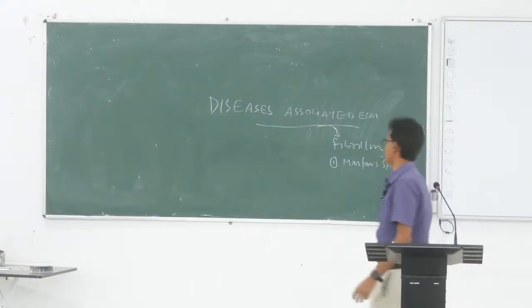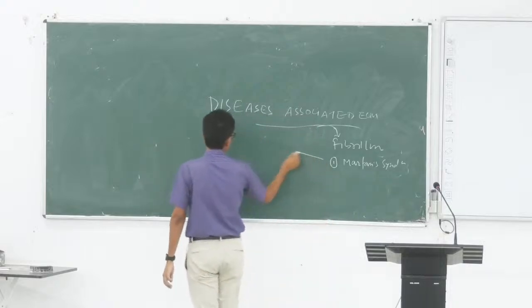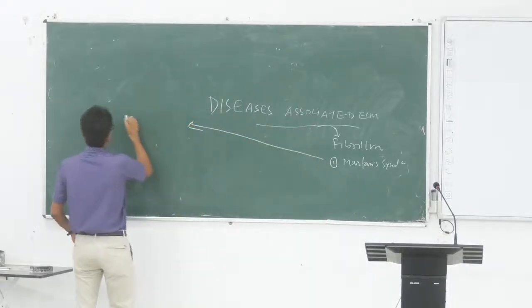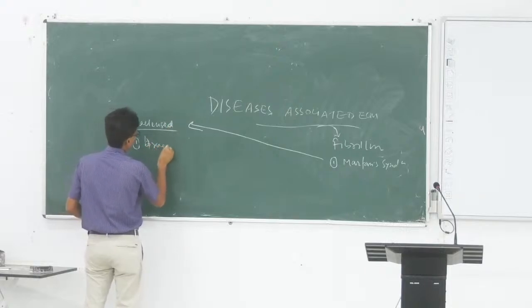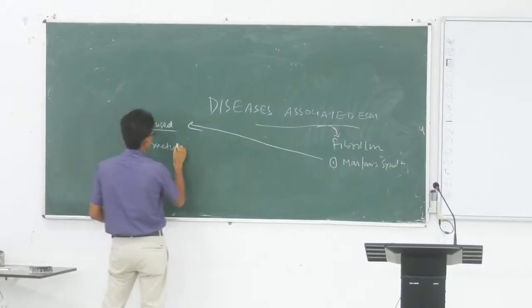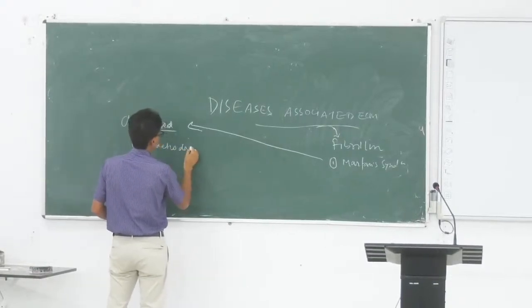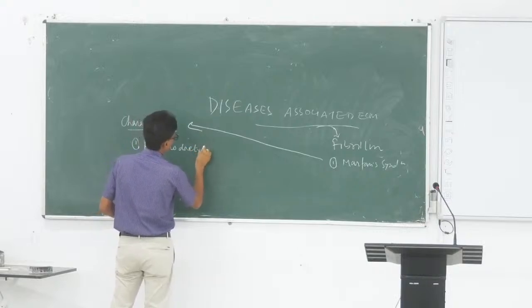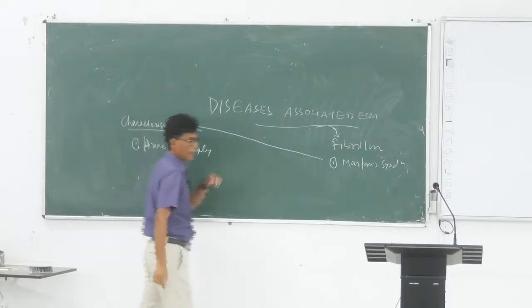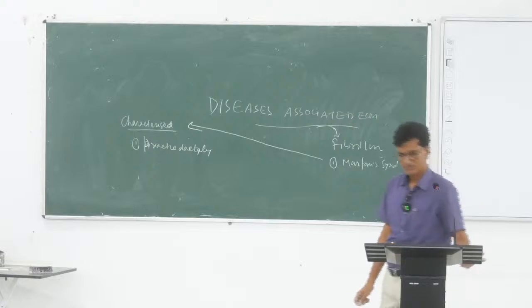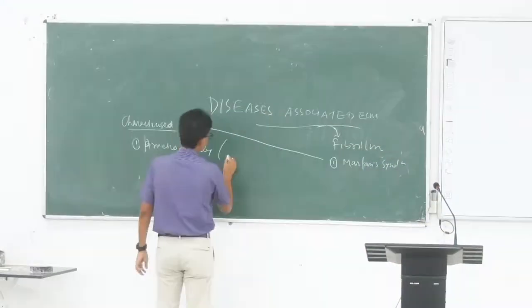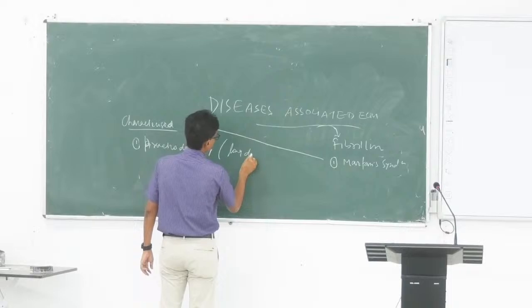The disease characterized by Marfan syndrome, এটা কিন্তু কোশ্চেন আসবে। Arachnodactyly, long digit.